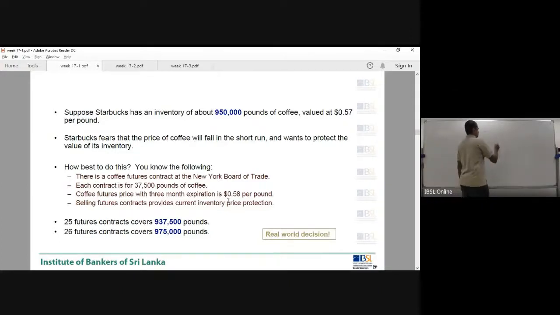Right, so that dollar position will be $541,500.